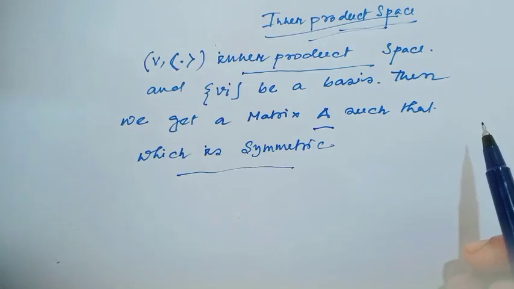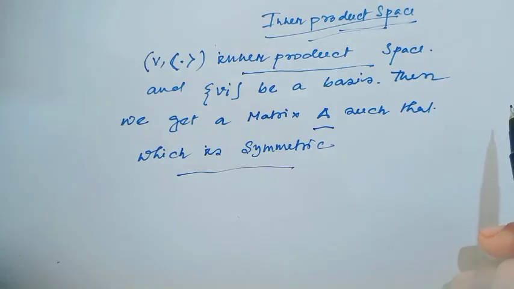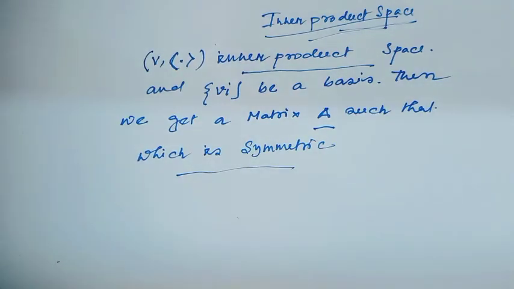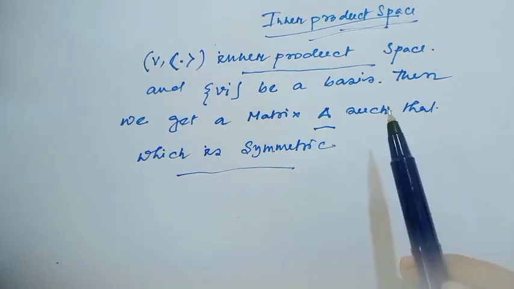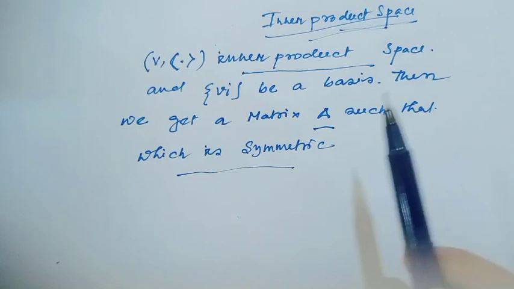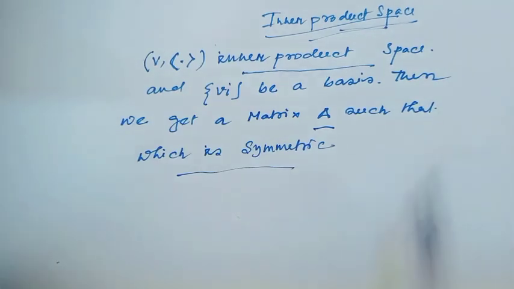In my previous video I discussed what a positive definite matrix is in inner product space. Always I will get one matrix which is positive definite, and the actual definition is that a bilinear form is an inner product when it is positive definite.